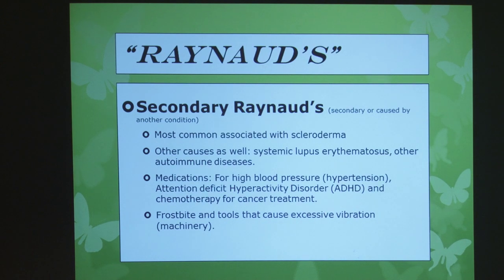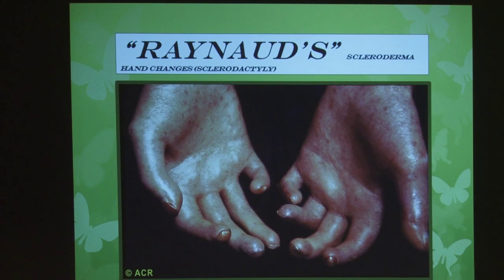My manual laborers who work with vibratory equipment like drills, jackhammers, they can also cause a similar condition. So this is secondary Raynaud's with systemic sclerosis, scleroderma, and this is what we call sclerodactyly. So sclerodactyly is a tightening of the fingers of the skin, usually from this part of the finger down.